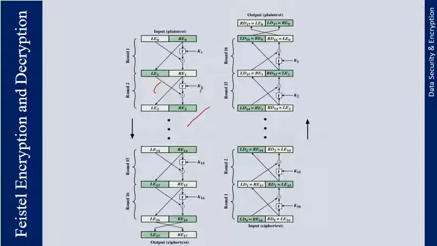So a substitution is performed on the left half of the data. This is done by applying the round function f to the right half of the data and taking the exclusive OR, as we discussed in the previous equation. After the substitution, a permutation is performed that consists of interchanging the two halves of the data.